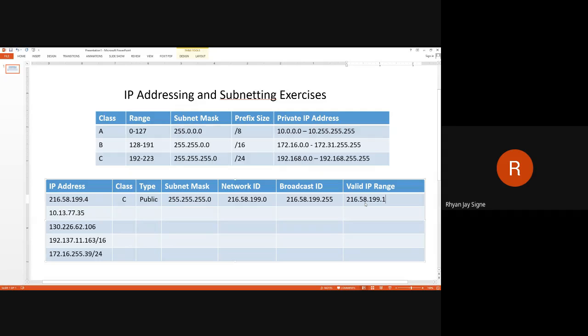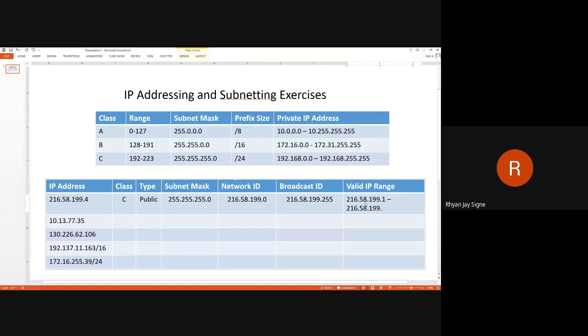Since it is a range, that is the first valid IP. The last valid IP is 216.58.199, and for the last octet, broadcast ID minus 1. 255 minus 1 is 254.